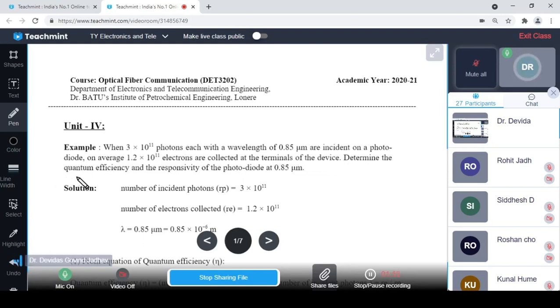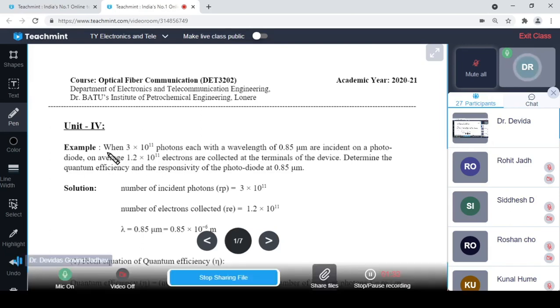Determine quantum efficiency and responsivity of the photodiode at 0.85 micrometer. I hope all of you have your notebook, pen and calculator so that you can solve it.